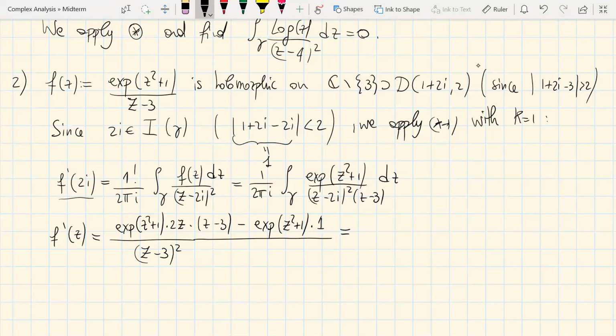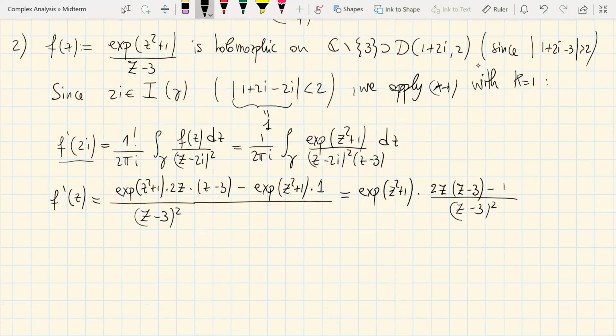Okay, so we can rewrite this as exponential of z squared plus 1 times, what do we have above? 2z(z minus 3) minus 1, divided by (z minus 3) squared. So now we can substitute z equal to 3.